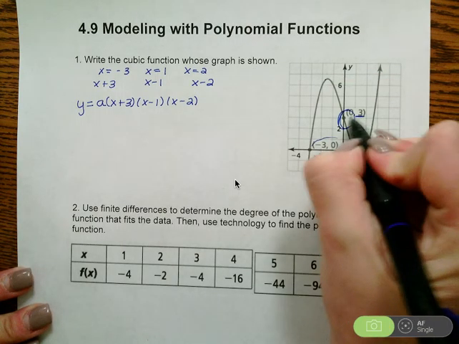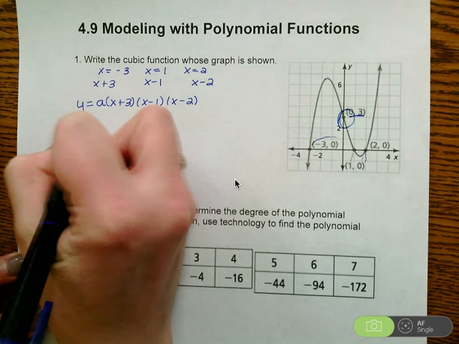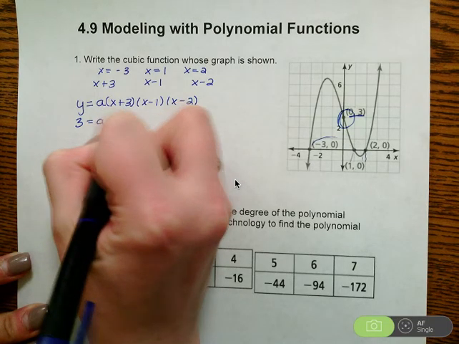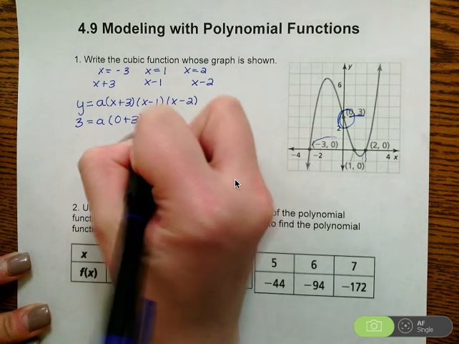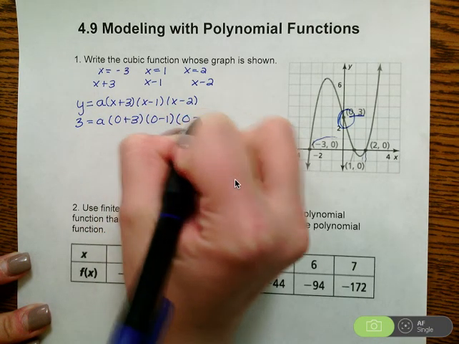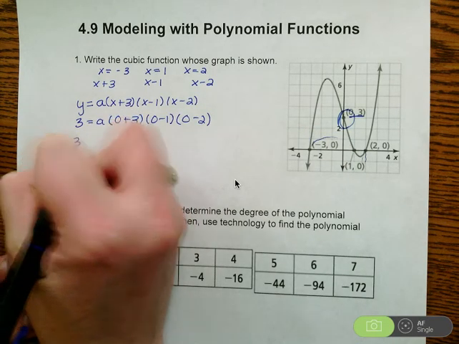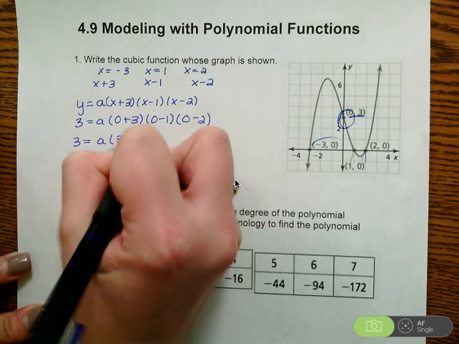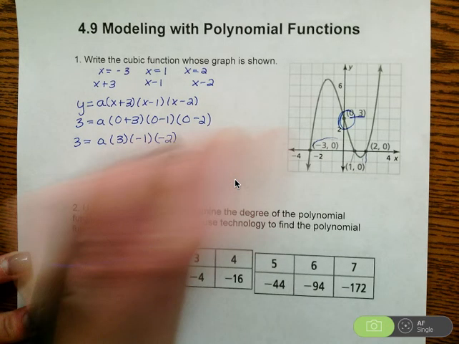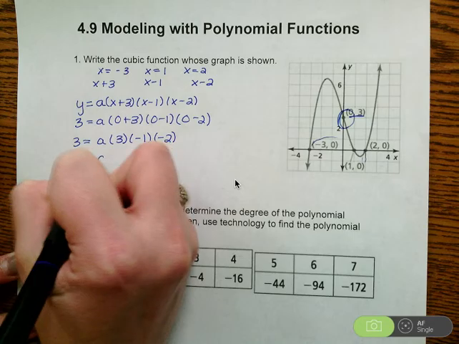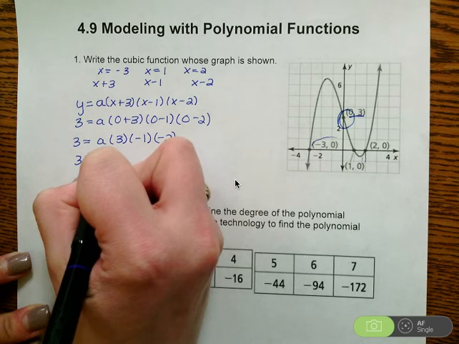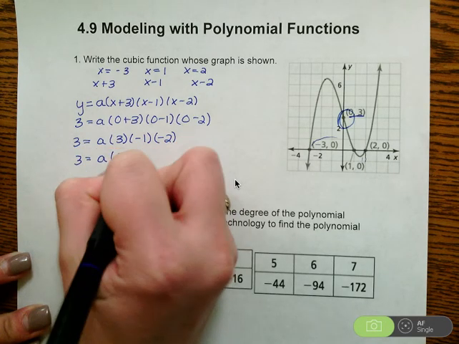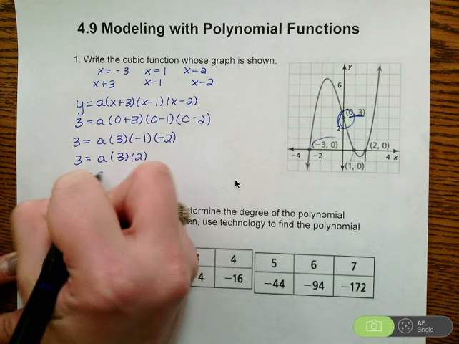3 is your y, 0 is your x, so you plug those values in for each of those coordinates. You simplify down, so we have 3 equals a times 3 times -1 times -2, which gives you 3 equals a times 3 times 2, which is 6.